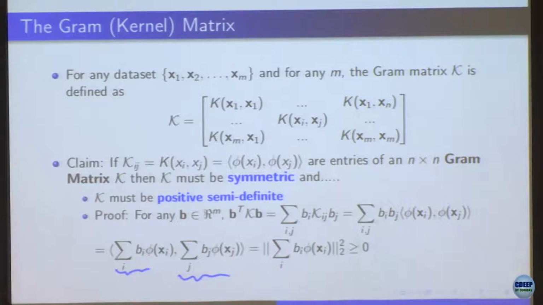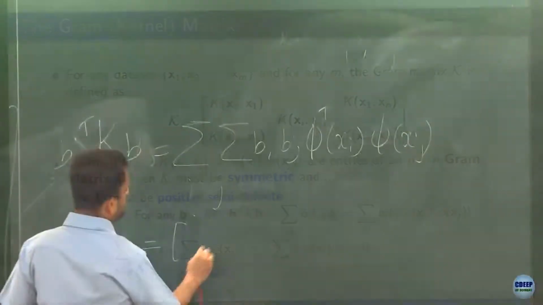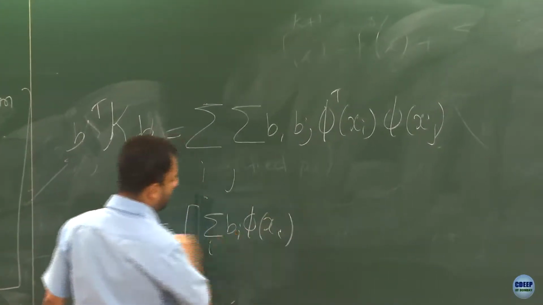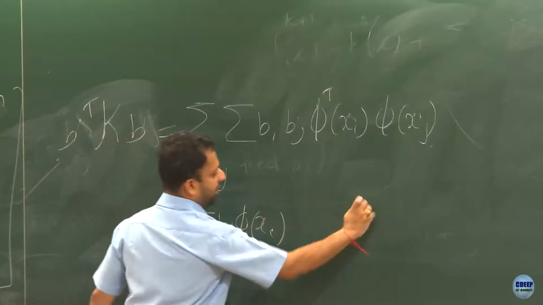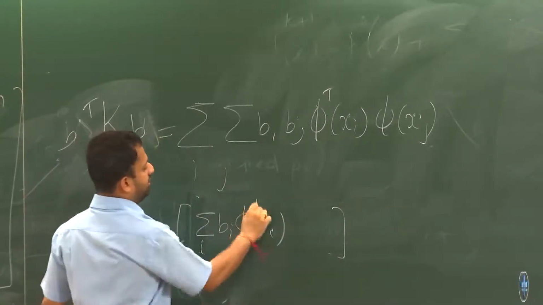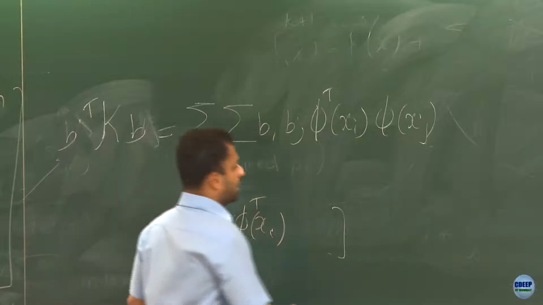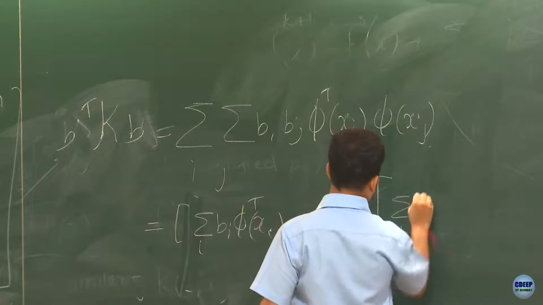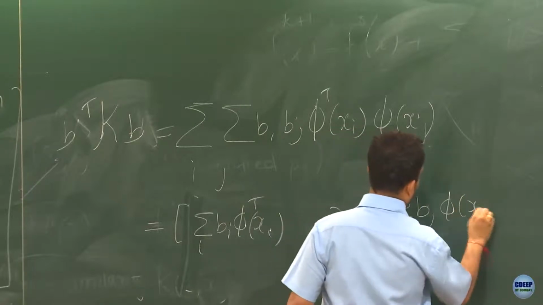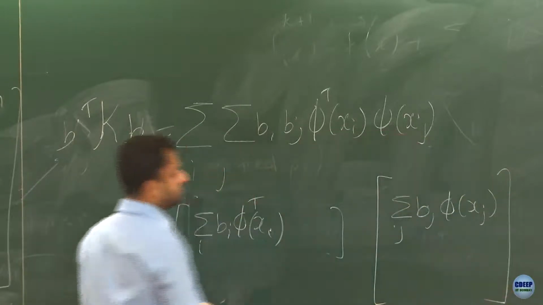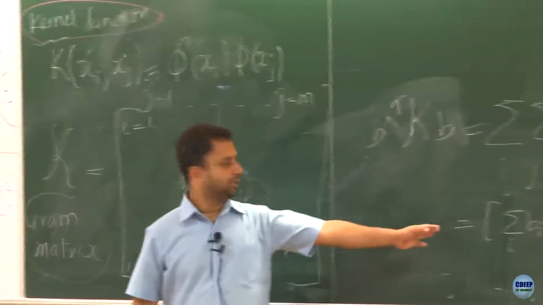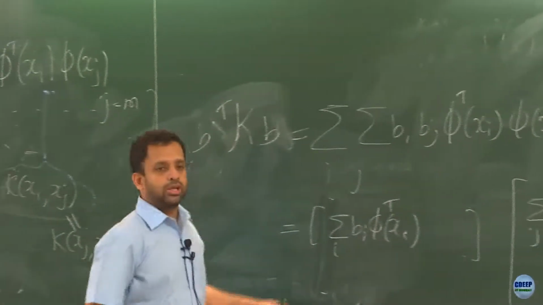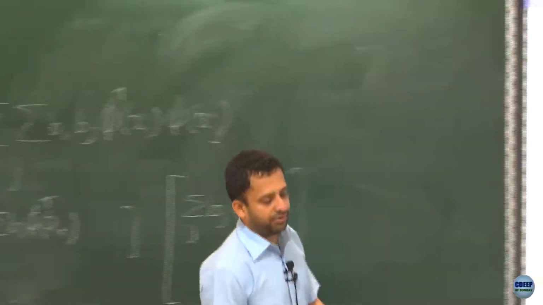The first weighted vector is the summation over i of b_i phi of x_i, with all the components of phi written as a column vector, so it is transposed. The other is a column vector, the summation over j of b_j phi of x_j. This dot product, this is already transposed, so this is exactly what we have written here.